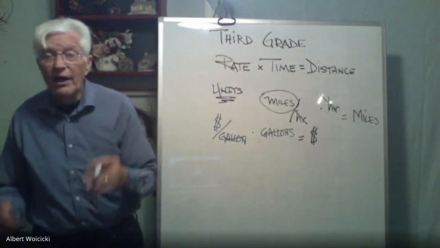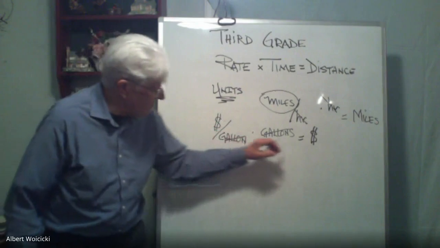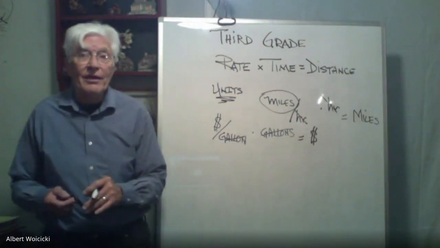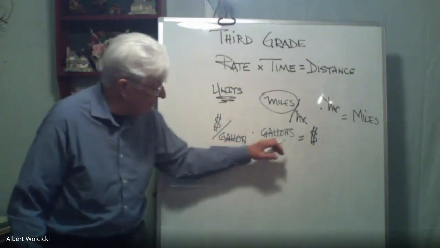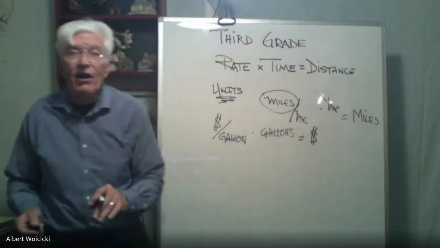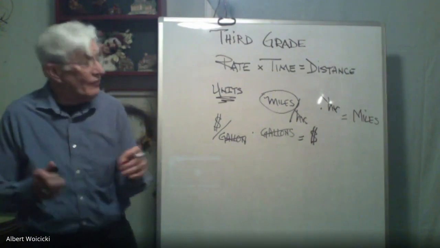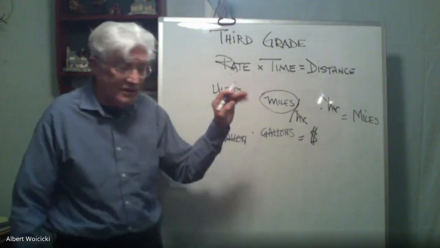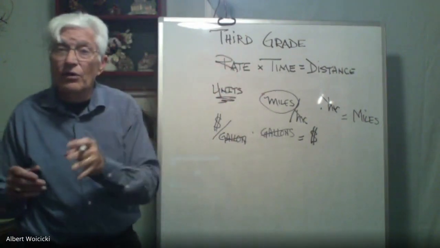Dollars. And again, dollars is correct. The units are correct. So I've done it correctly. So cost per gallon times the number of gallons tells me my cost. So we've got the idea of rate times time equals distance, and cost per gallon times gallons equals the cost.